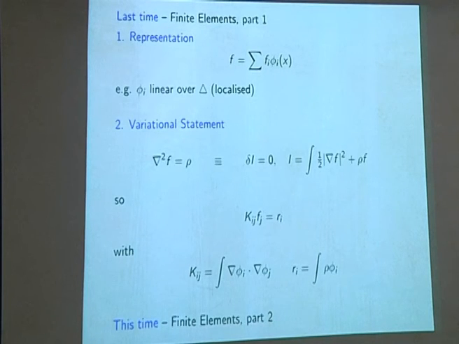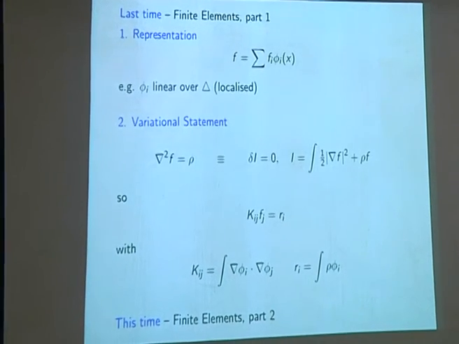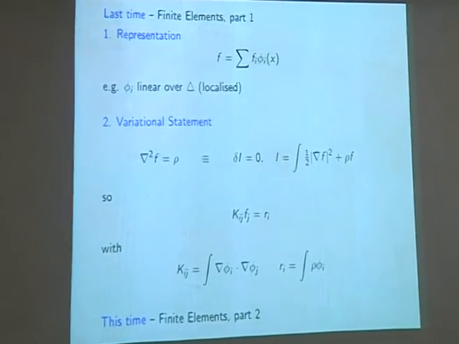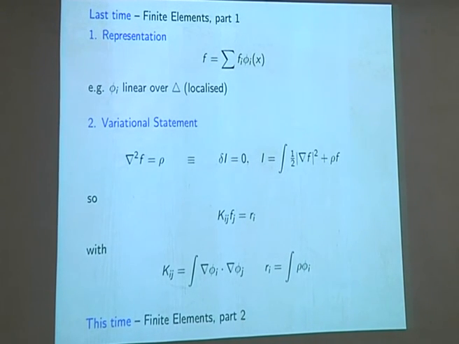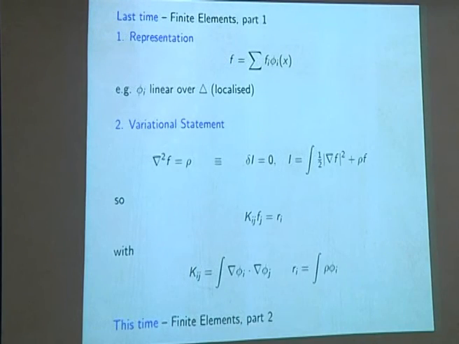We move away from finite differences where the unknown function is represented by some spot values on a grid to representing the unknown function by a sum of continuous functions, so we can work out the value of the unknown function anywhere, and we use continuous basis functions phi_i, and multiply those basis functions by parameters f_i.